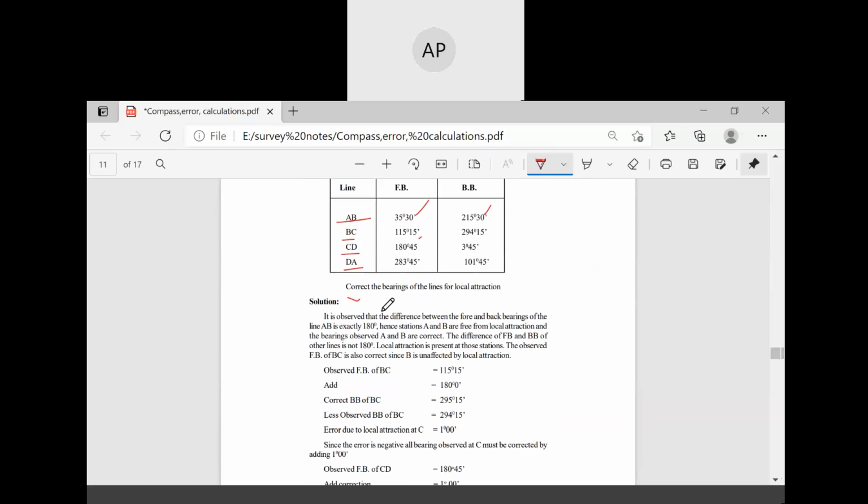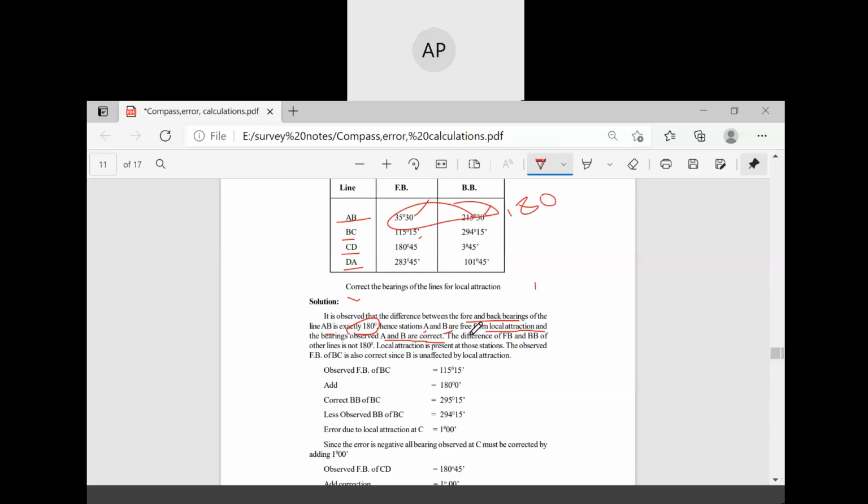It is observed that the difference between the forward bearing and back bearing of line AB is exactly 180 degree. Hence, stations A and B are free from local attraction, and the bearings observed at A and B are correct. If the difference of forward bearing and back bearing is 180 degree, that means there is no local attraction.